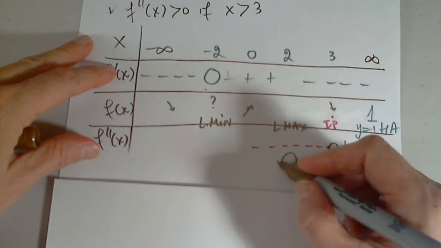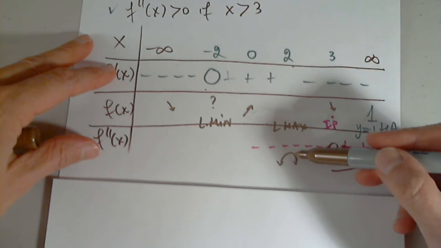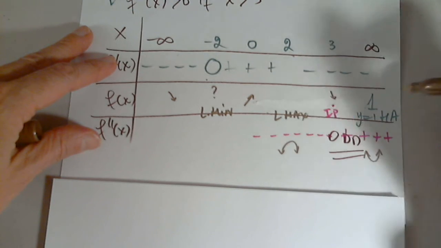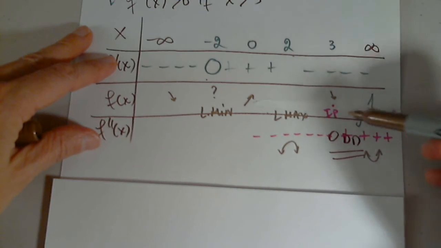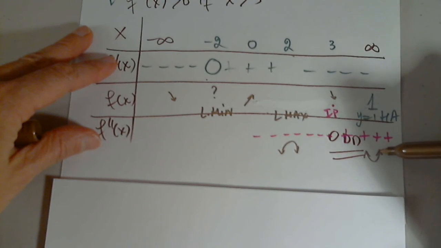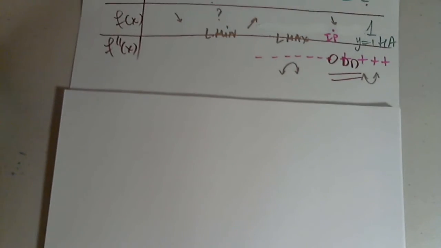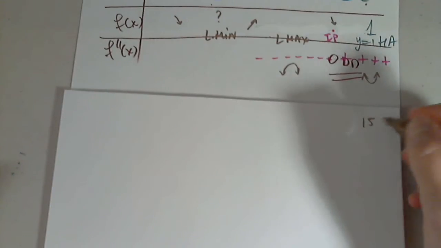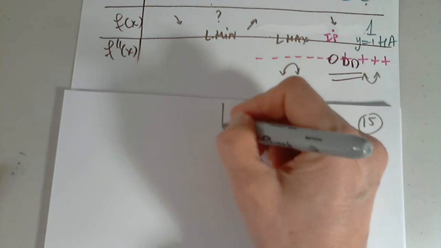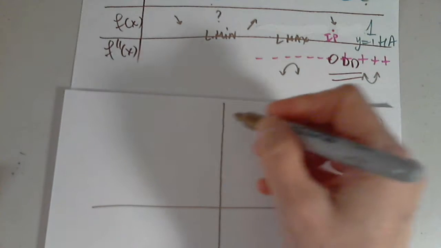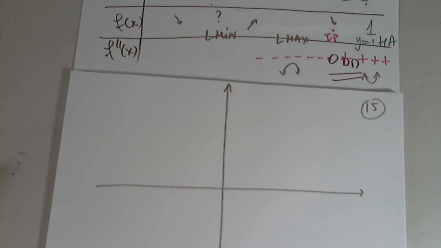It has to have a local maximum here because the function is opening downward, and it has to have just an inflection point, an increase, opening up, but decreasing. Okay, so let's come up with something that works here. There's more than one correct answer, of course. This is just one example of many.